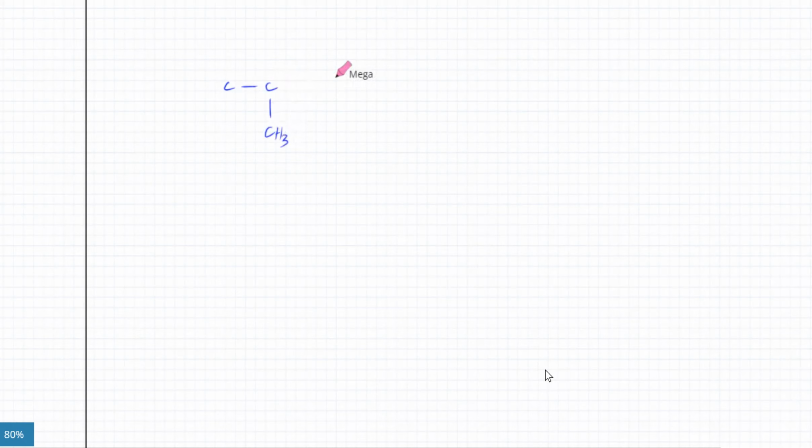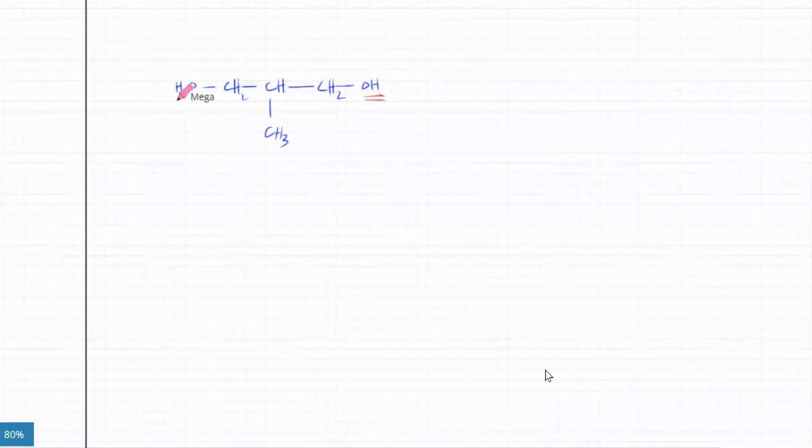That's 3 H's with this. I'll put one OH over here, and I'll put one OH over here. This one will have 2 H's. This one will have just 1 H. This one has 2 bonds already, so there would be 2 hydrogens with this. So this particular molecule has 2 OH groups.